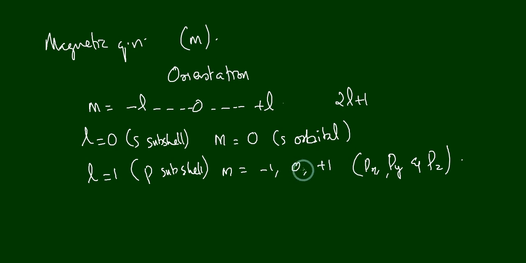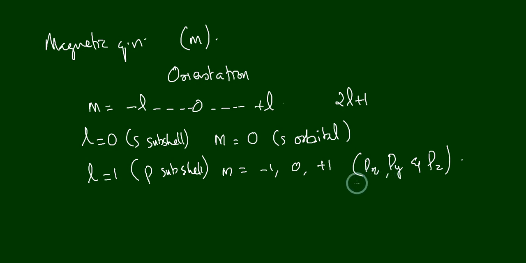Actually, M equal to 0 corresponds to the pz orbital, but it is not correct to say that M equal to minus 1 represents px and M equal to plus 1 represents py. That is not correct. Actually, both minus 1 and plus 1 belong to px and py.